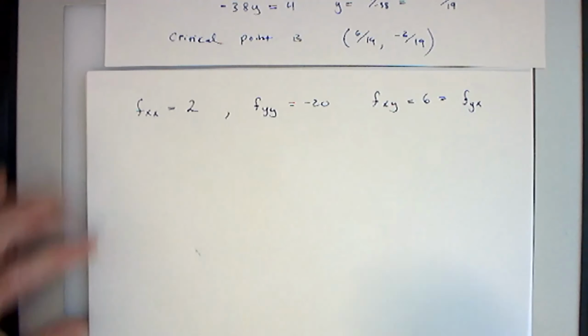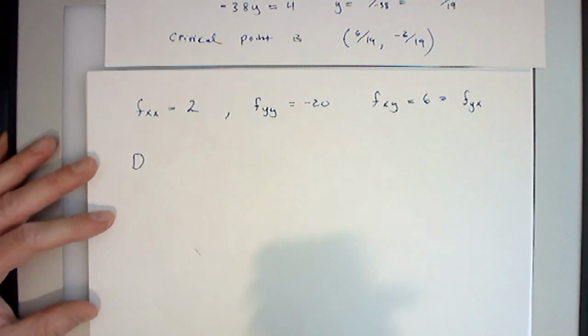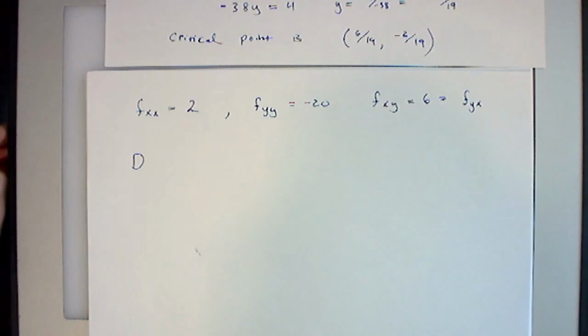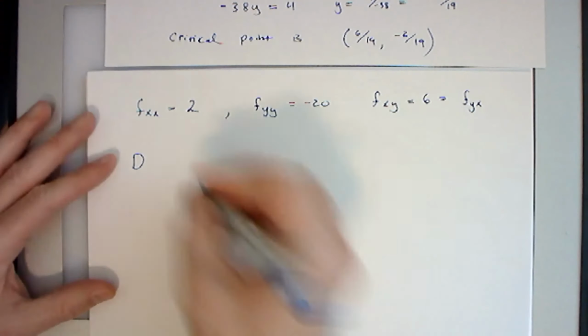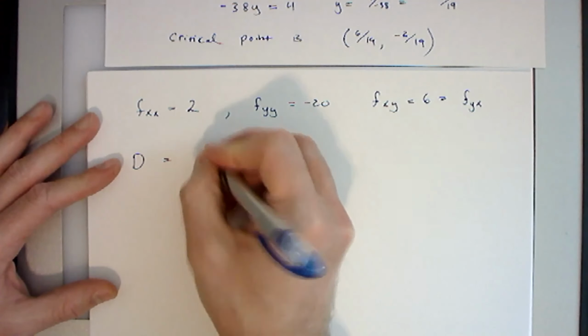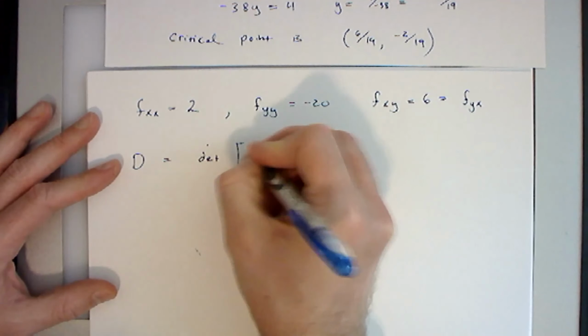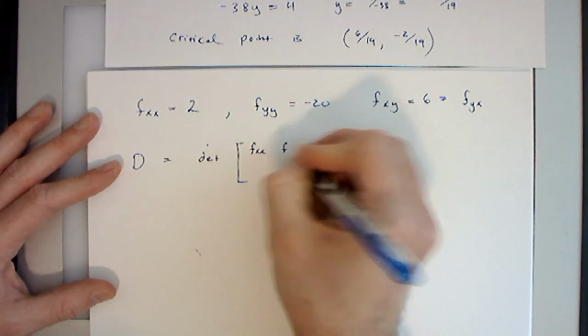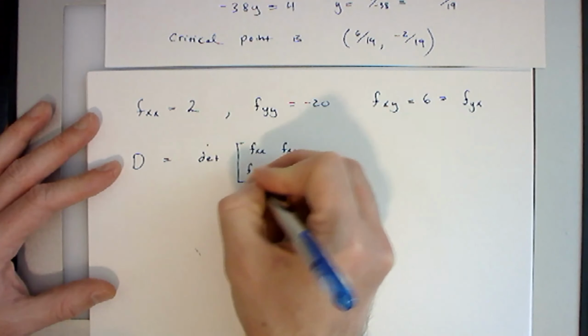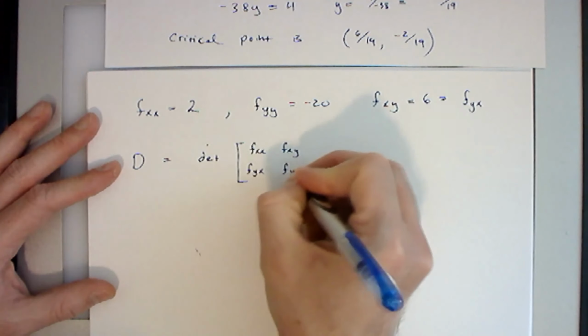So then we calculate D, which is the determinant of the Hessian. And again, I guess I could show it to you. It's the determinant of this 2 by 2 matrix, which is fxx, fxy, fyx, fyy.